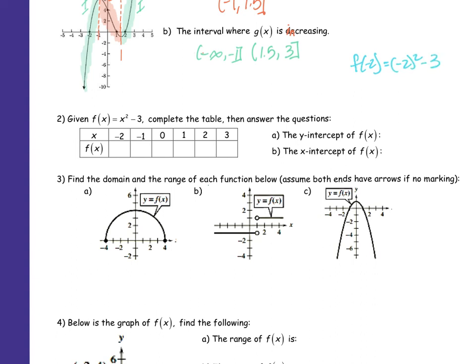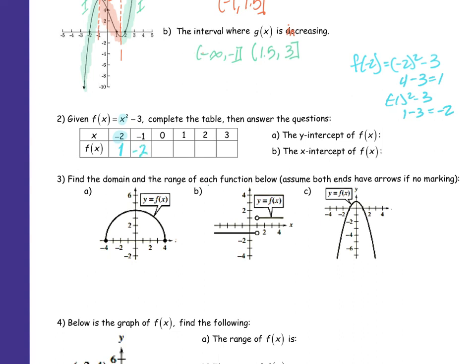So I'm plugging in negative 2 right there. Negative 2 squared is 4, minus 3 equals 1. Then I'm going to do the same thing for negative 1. Negative 1 squared minus 3 is 1 minus 3, which equals negative 2.